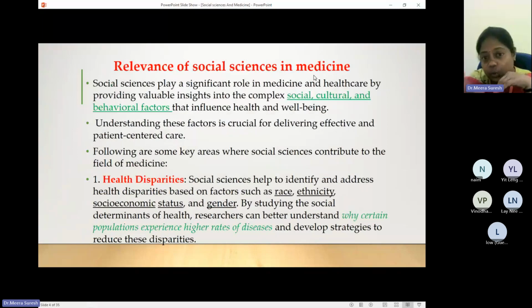Those people, even though they don't have any medical background, can be a part of medicine as social scientists. And if I hadn't done MPH, I would have definitely found it very strange why these people are involved in this.